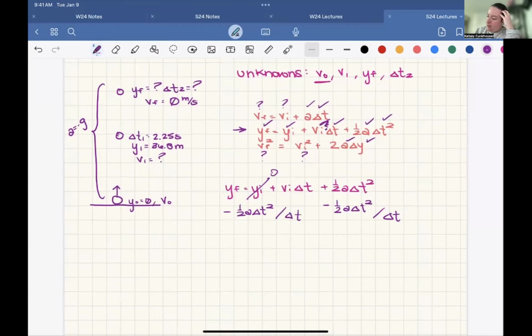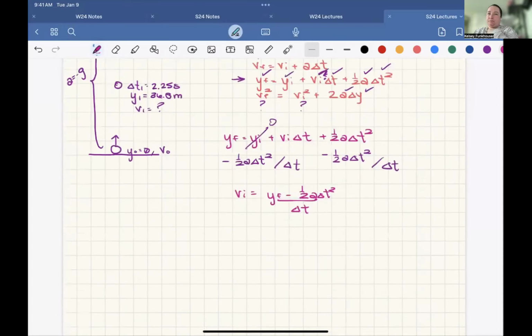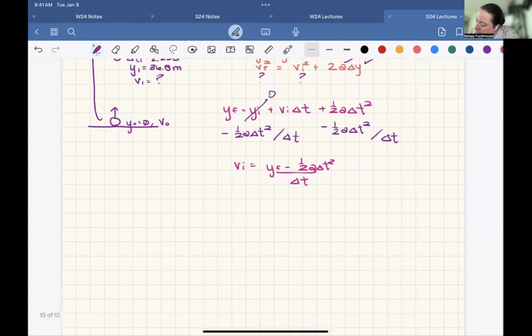So we end up with v initial equals (y final minus 1/2 a delta t squared) over delta t. And then we can just plug in numbers.